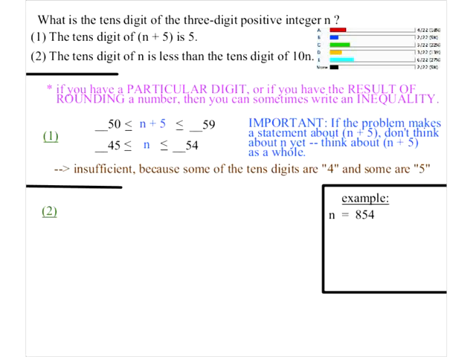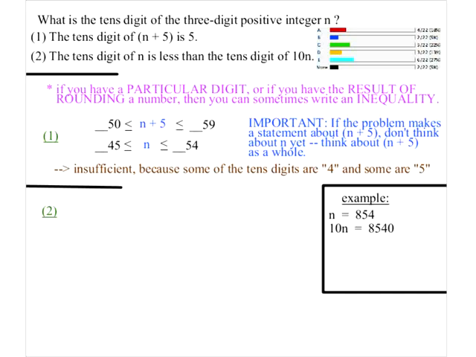Then notice that 10n is 8,540. Notice what happens is that you have the same digits, but they're in different places. So I would not memorize this if I were you. I would just pull out an example exactly like this and just watch what happens to the example.